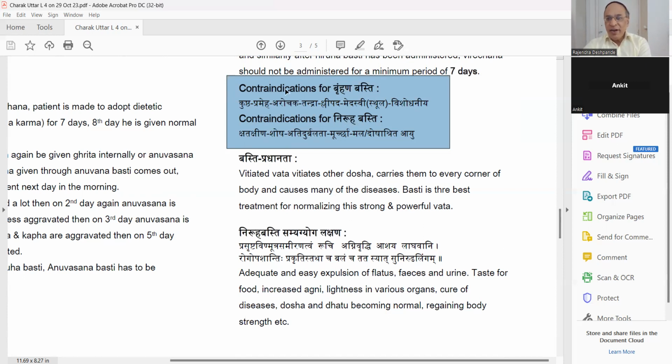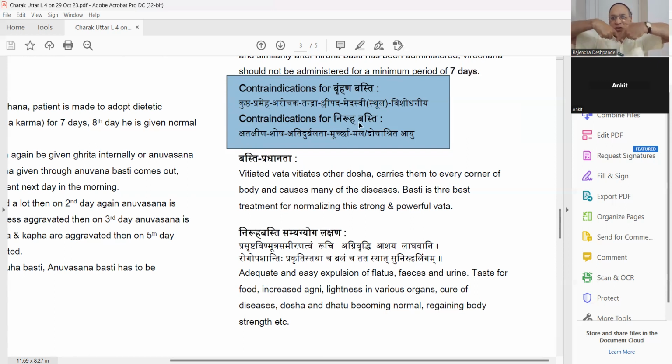So naturally contraindications are opposite. For example, all these vyadhis, Kushtha, skin diseases. There is a lot of stagnation, kleda, toxins, ama. Can you give the Bruhan Basti? No, no. That is for debility. So these are inverse. And this will require Niruha Basti.